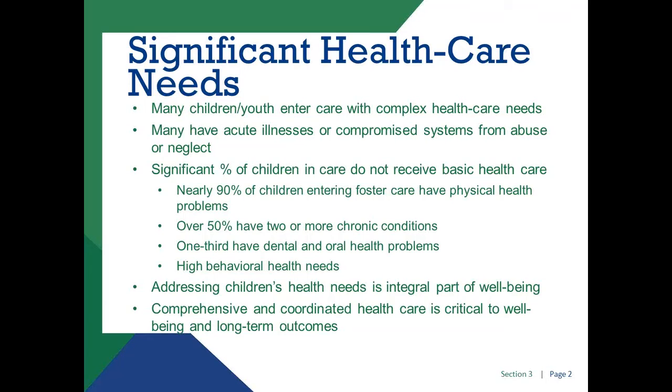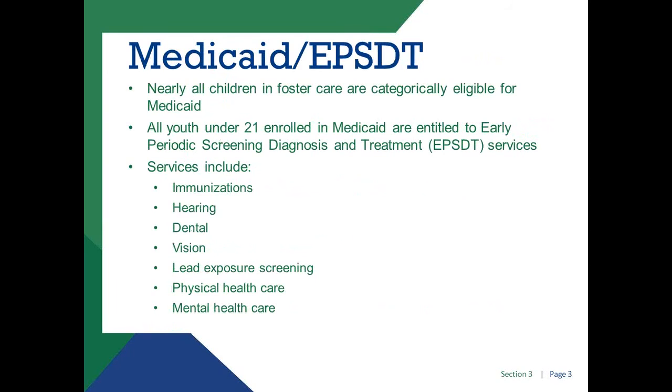So as a result of their Medicaid eligibility, children in care are entitled to EPSDT services, which are early periodic screening, diagnosis, and treatment services. And those are listed here on the next slide, and they include immunizations, hearing, dental, vision, lead exposure screening, and physical health care and mental health care.